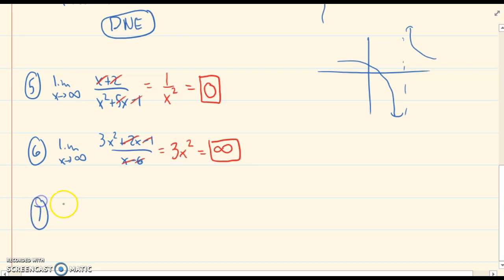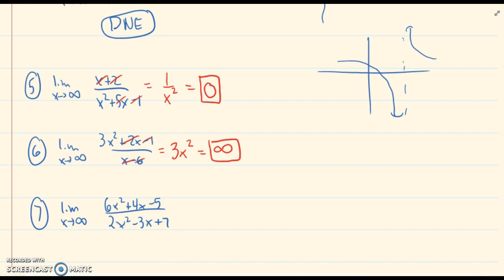And then the last type is what happens when the numerator and denominator have the same degree. Something like this. So again, we're looking for the highest degree, which is x squared. All these others go away. This function will act like 6x squared over 2x squared when I get to infinity.